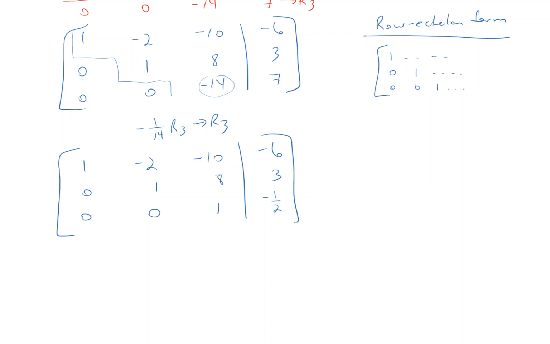Okay? So now I know that 0x plus 0y plus 1z, so just z, equals, because of the vertical line, negative 1/2. So that tells me my z directly.